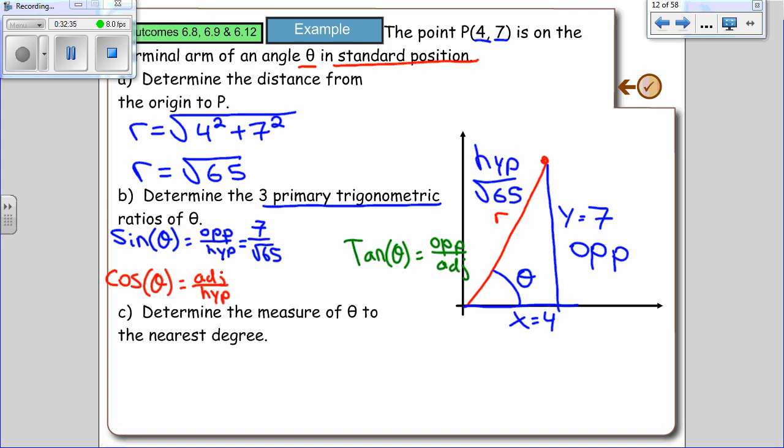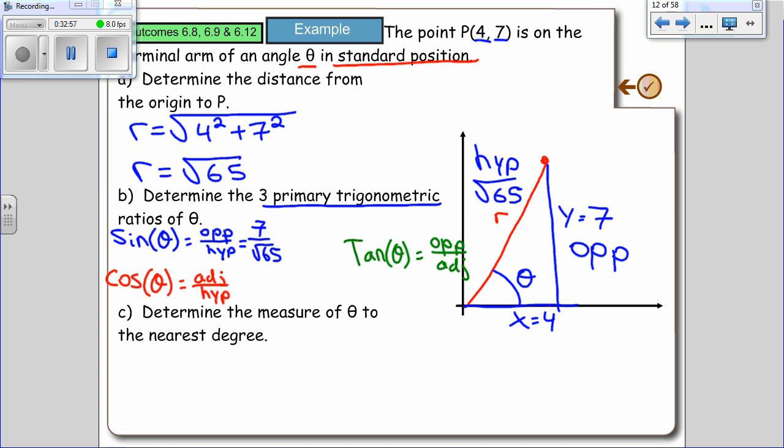Everybody's good up to that point? So I'm about to make it worse for you. Why is that not the right answer on a test? It's not simplified in the sense that there's a square root on the bottom. Unit 1, right? No square roots are allowed on the bottom.